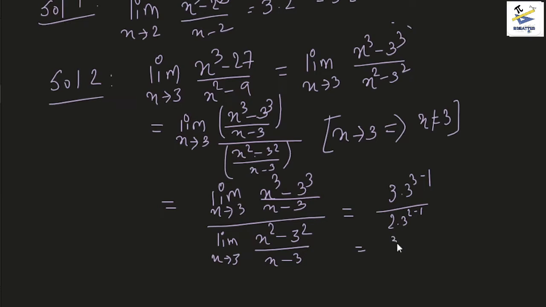So let's evaluate how much that is. This is 3 into 3 square, this is 2 into 3, 3's cancel off, and the answer becomes 9 by 2, correct? So this is the answer to our question. This was a bit tricky, but what I wanted to introduce to you was this concept of adjusting.